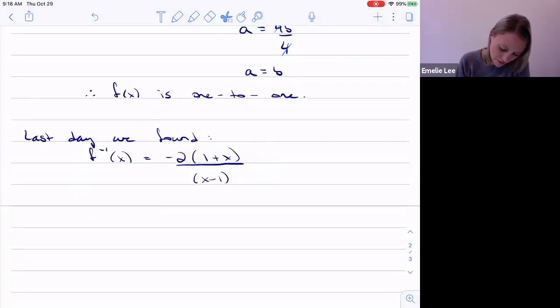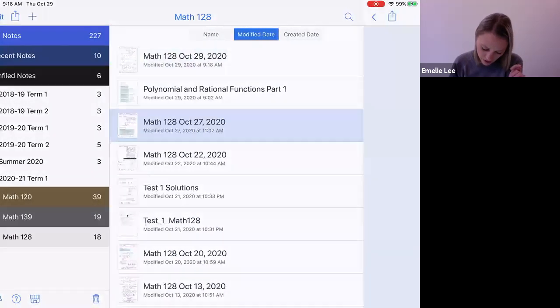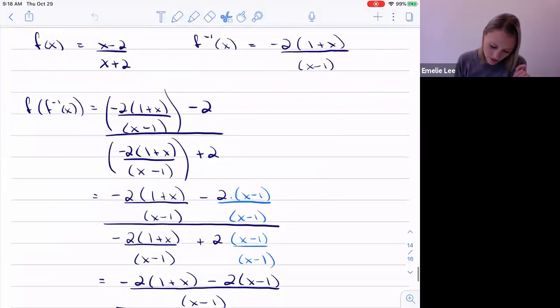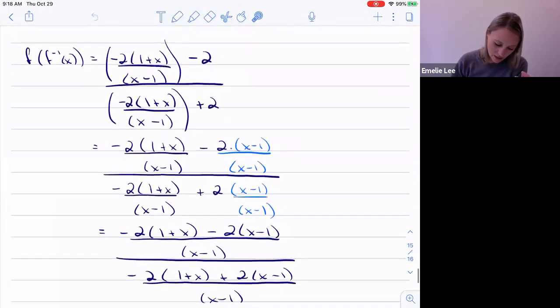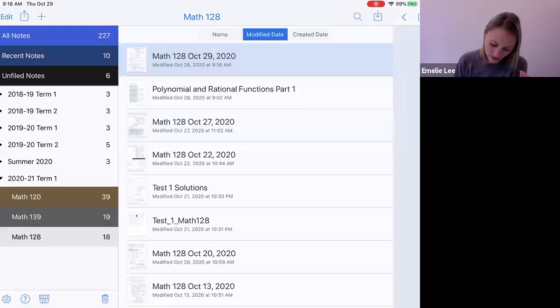And we also showed, which version did we show? And we also showed that f composed with the inverse, right? So plugging in the inverse that we found here into the original function puts us at x, right?